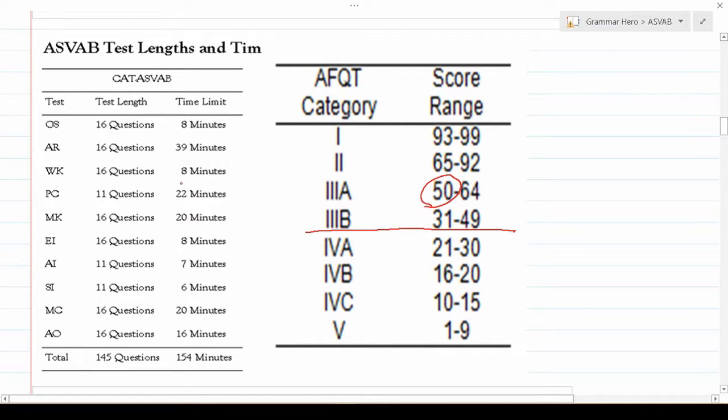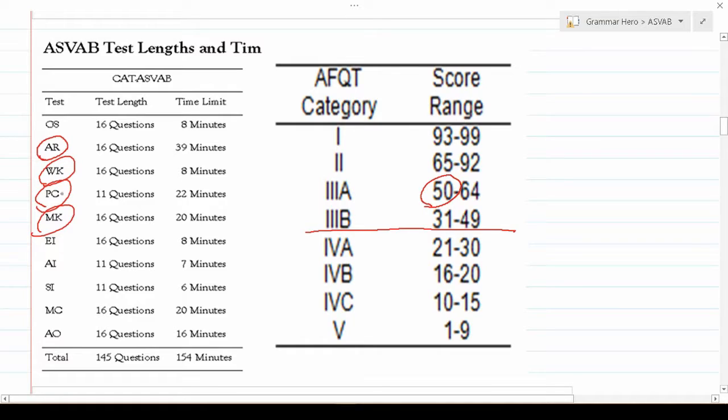My advice to anyone who's studying for the ASVAB is to focus their efforts on 4 sections. The AFQT score is comprised of your performance on the arithmetic reasoning, the word knowledge, the paragraph comprehension, and the mathematics knowledge subtests.